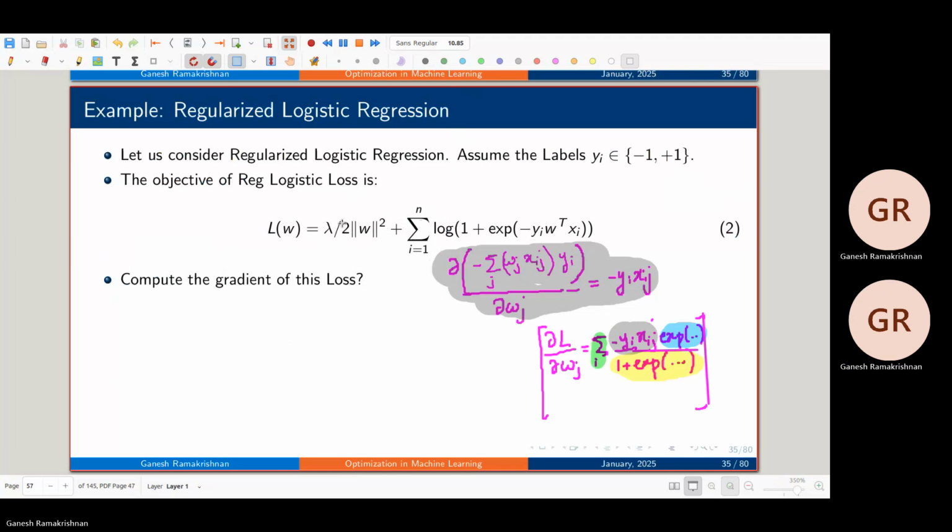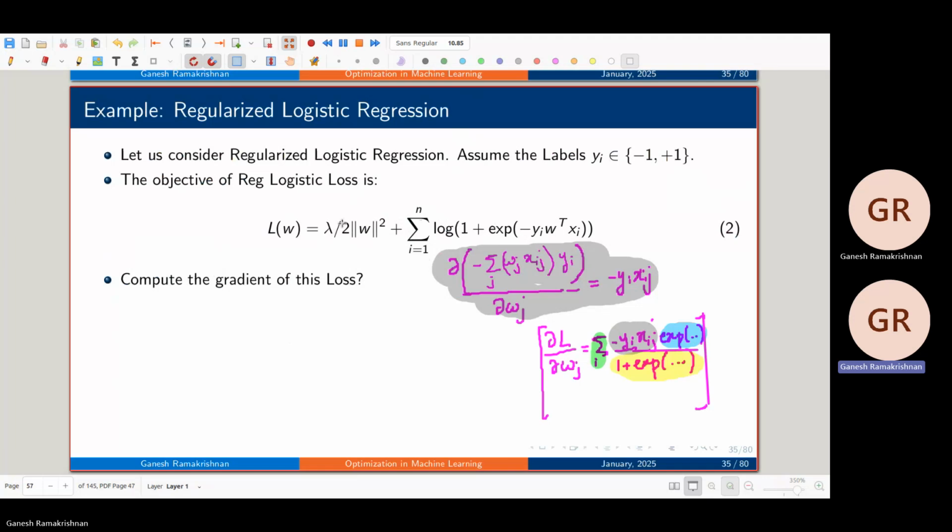You have the summation, then 1 plus exp of the whole thing, and in the numerator you'll have this form. There's a minus here; the minus will come out of this. Is there anything else I missed out here?